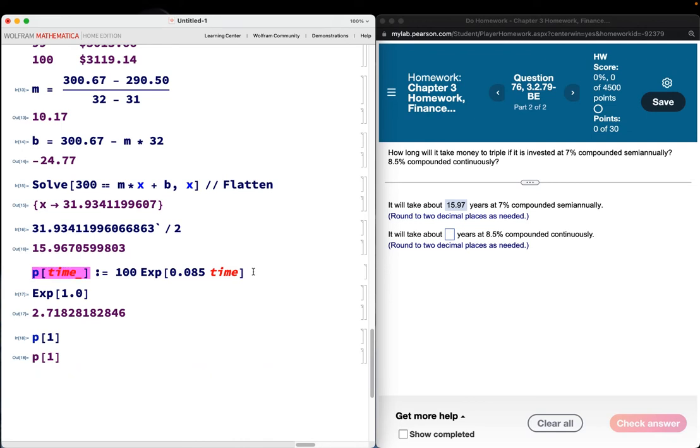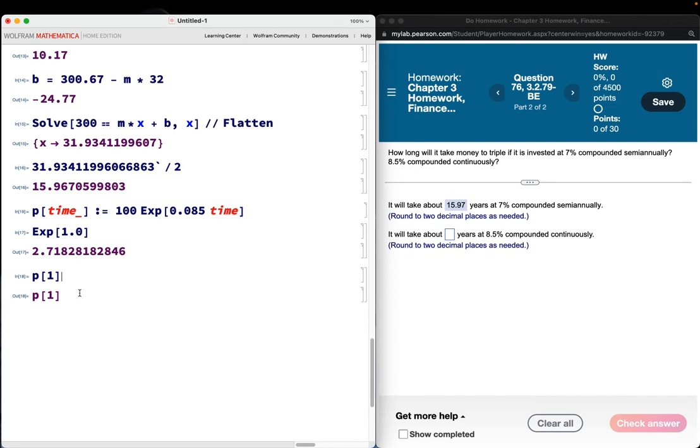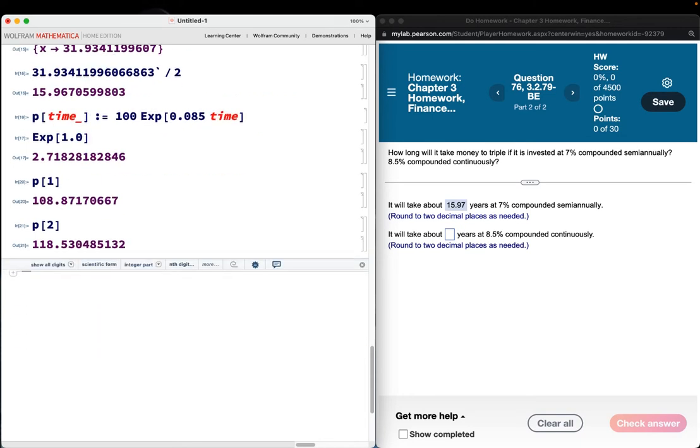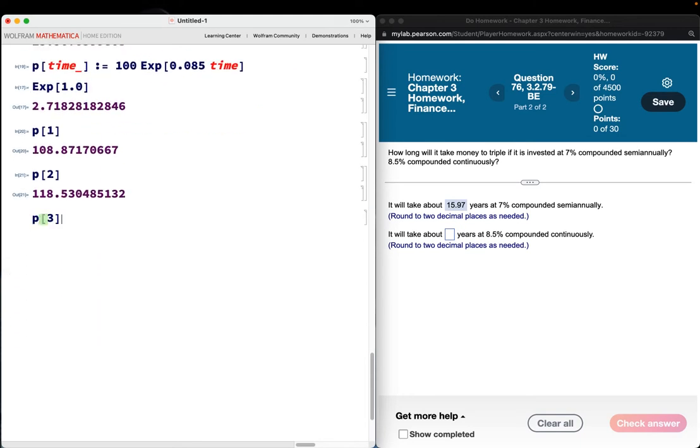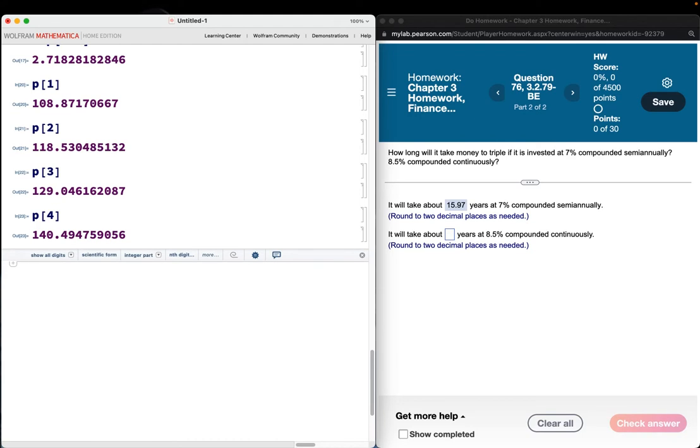It's not evaluating. Hold on 1 second. Shift enter. There we go. Make sure you press shift enter at the end of these commands, okay? That's important. So let's see, after 1 year, after 2 years, after 3 years, after 4 years, etc., etc. And eventually it'll turn into $300.